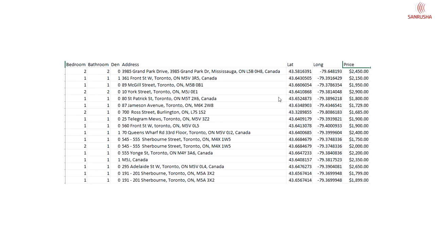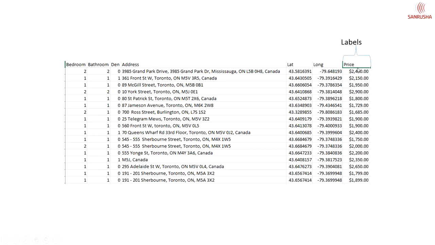When you are given such data, you will be asked to predict the price of these apartments based on these values given, like bedroom, bathroom, den, address, latitude, and longitude. So this is a problem statement you will get. You have this data and you are asked to predict the price of any apartment based on these attributes, these values. So let's understand how these terms are used in machine learning.